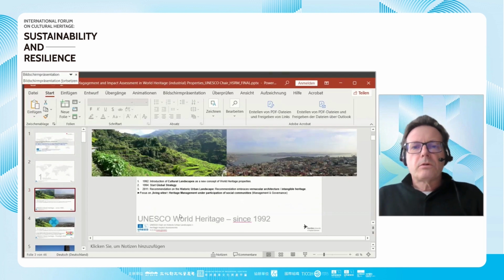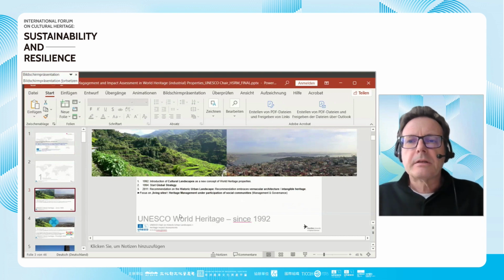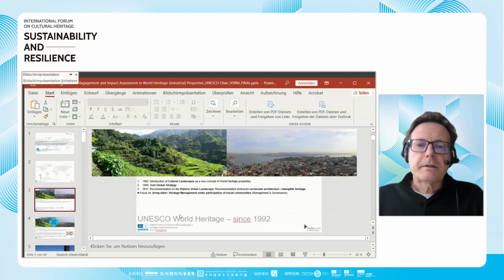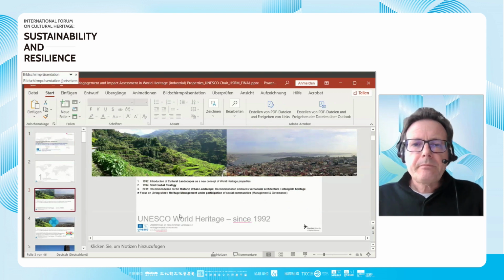When we look into the World Heritage Convention, which started actually in 1972, we see since the mid-90s a tremendous development of complexity, in my view, especially when UNESCO decided to start the so-called global strategy, which is actually a project in order to re-balance the World Heritage List.